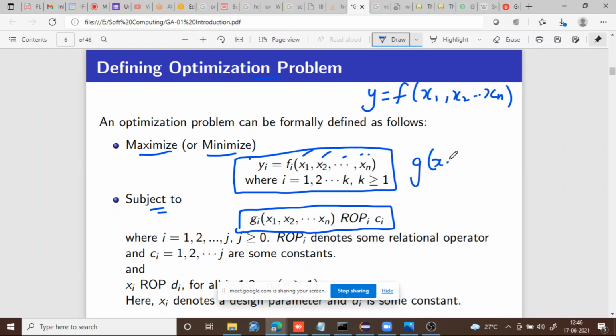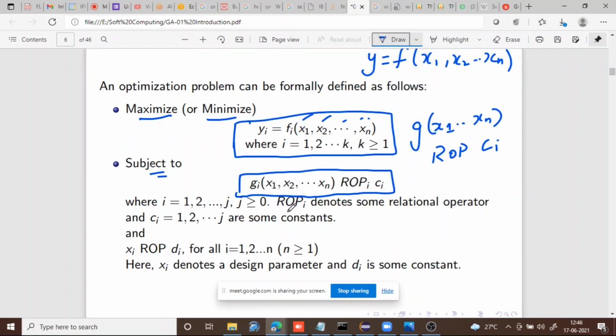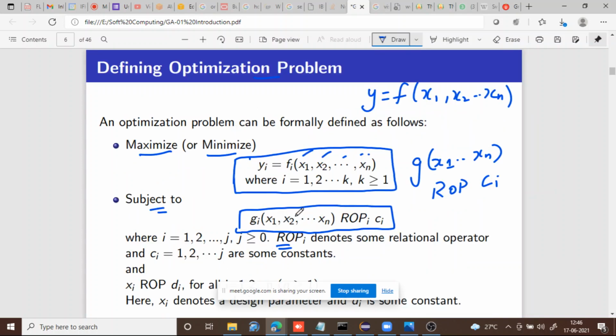Here we are giving constraints on x1 to xn. These constraints may be operating on some constant ci. So it is given as g of x1 to xn ROP ci. This ROP represents some relational operation.